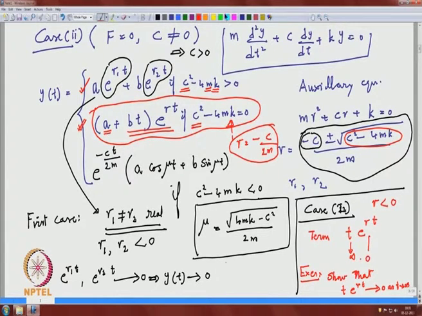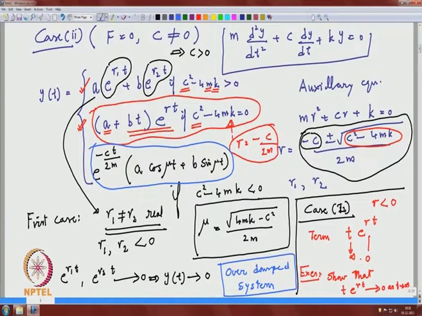These two cases are called over damped system. You have added so much damping that the oscillation has completely vanished and the solution goes to 0 exponentially. But now to the third case.